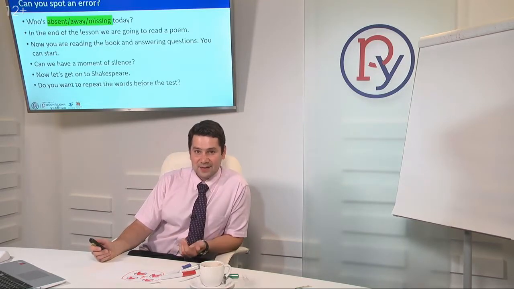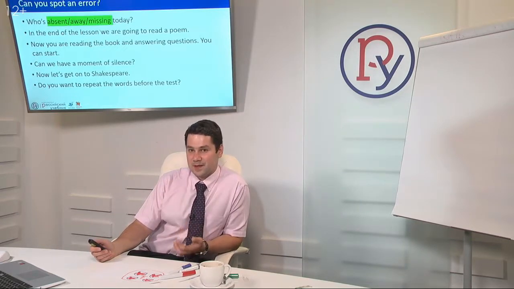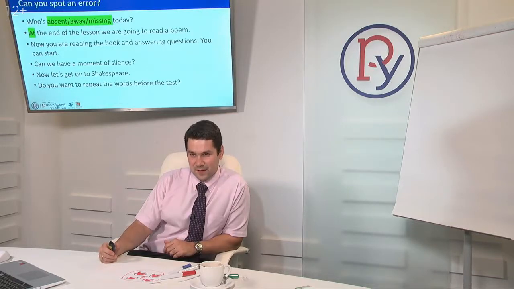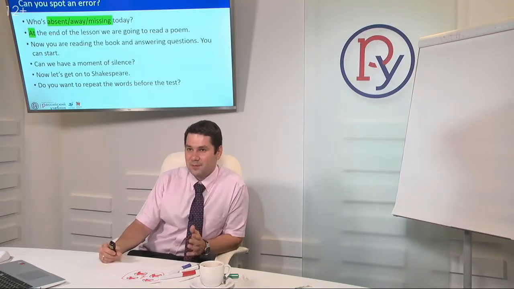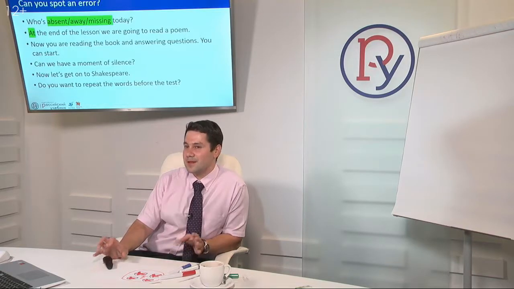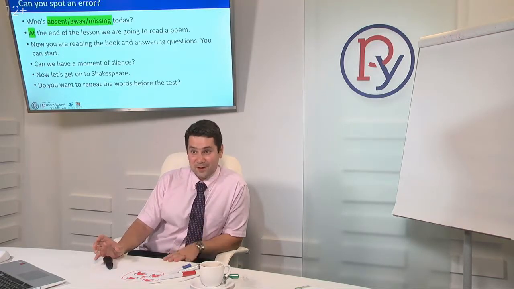In the next sentence, the mistake is in the preposition. So in here, you can see that, as I told you, it's at the end of the lesson, right? One of the most common errors, because actually you can say in the end, but the meaning is different. In the end means after all, and it's always opposed to something that happened before. Some of you might know the song In the End, It Doesn't Even Matter.